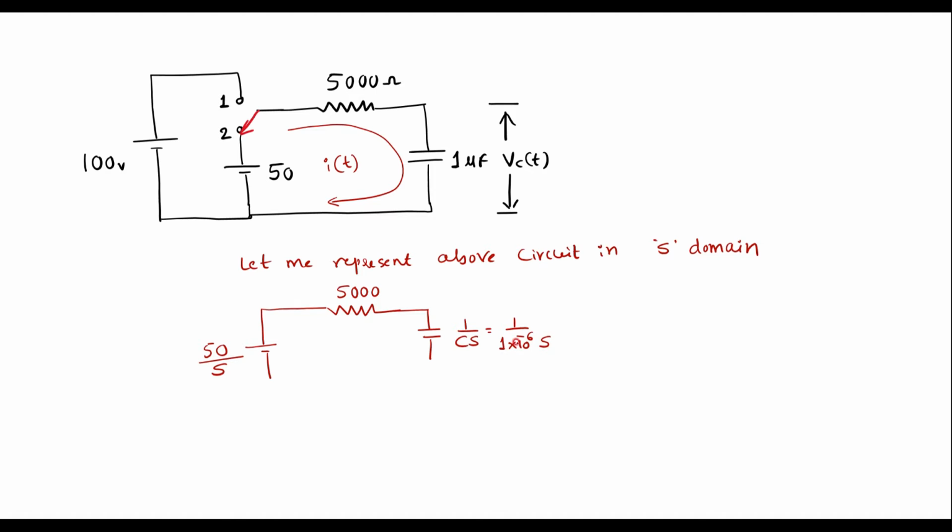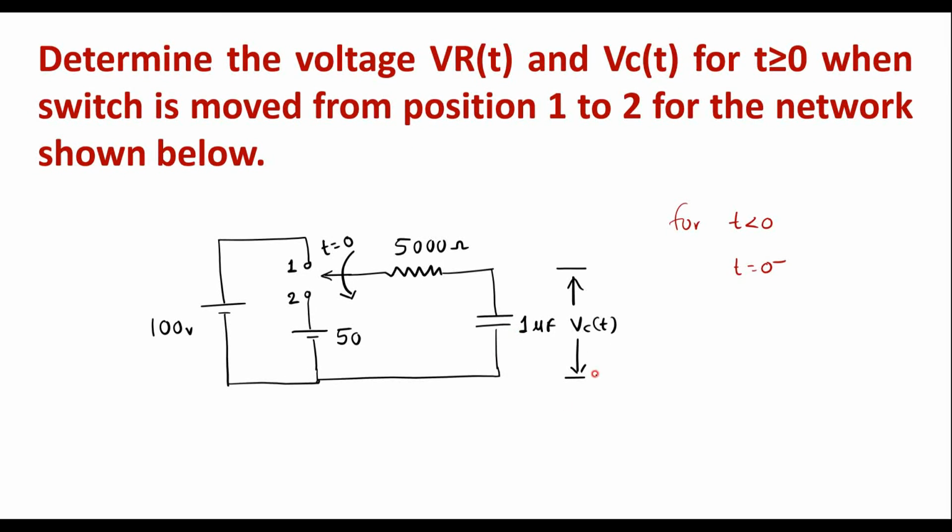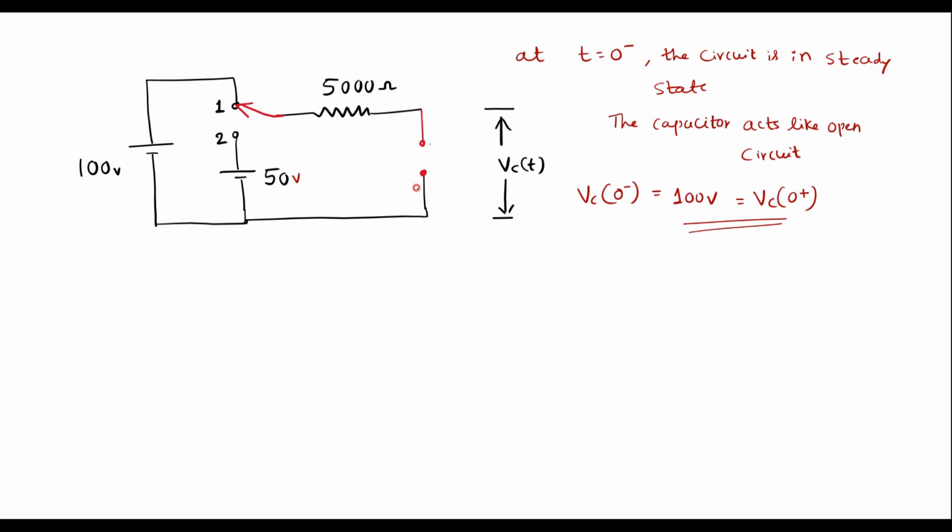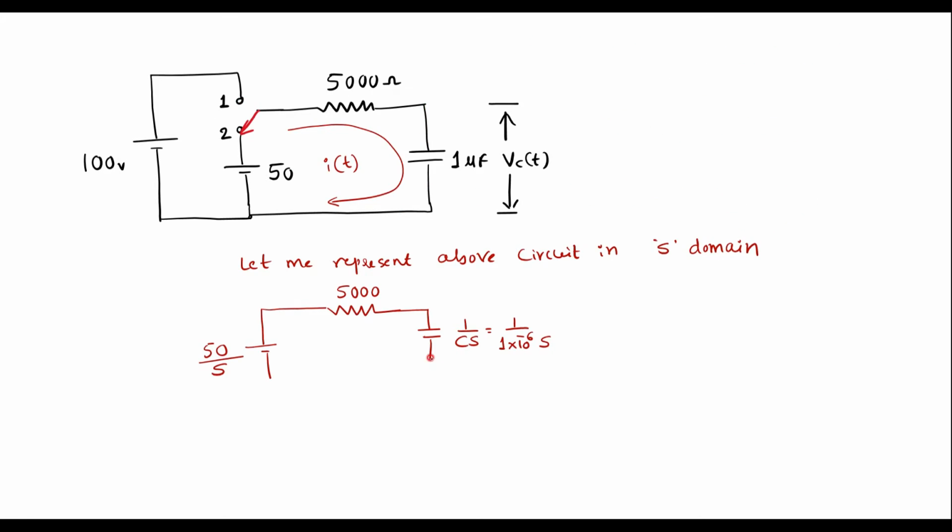We have S. So here we can see that there exists an initial voltage across the capacitor which is 100 volts. So if there is an initial voltage, there exists a voltage source of magnitude 100 volt.